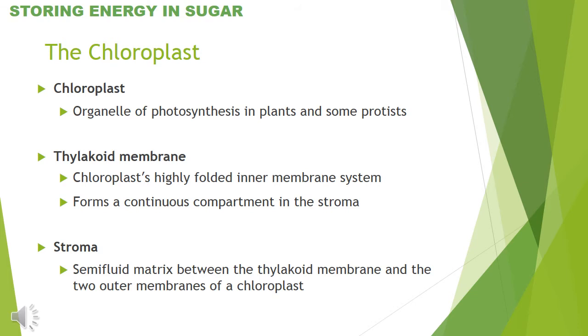Okay, and then some of photosynthesis happens in the stroma, which is this semi-fluid liquid that sits between the thylakoid membrane, these stacked folds, and the chloroplast cell walls. And so basically you've got this chloroplast, it's filled with stroma, and in that stroma you have the thylakoid membrane. Okay, and so I'll show you a picture of that next.